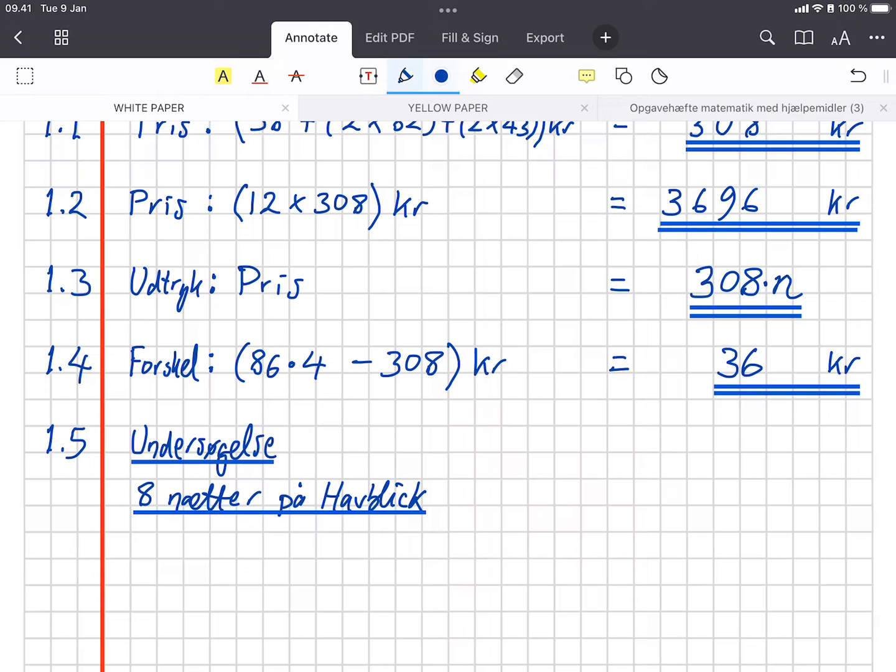And then I'll just try and stick to my... Actually, no, I've had a better idea. I'll put a heading that says Halblick. I'll underline it.